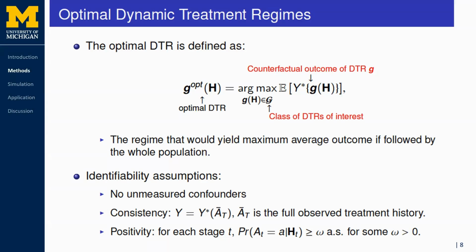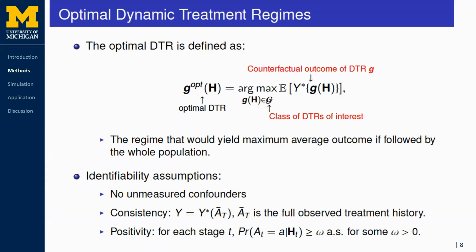Okay, and maybe some of those who are familiar with causal inference also notice that Y star in this case actually cannot be observed for everybody. Because in reality, if I follow this treatment path, I cannot have my outcome observed for another path. So among all of these counterfactual outcomes, you can potentially have a lot of missing data.